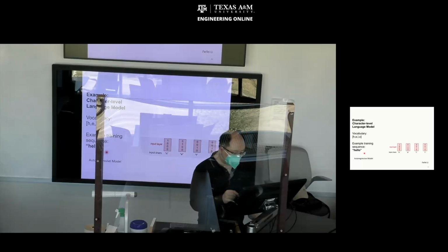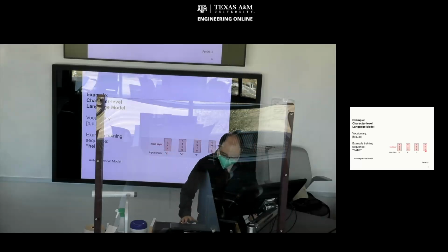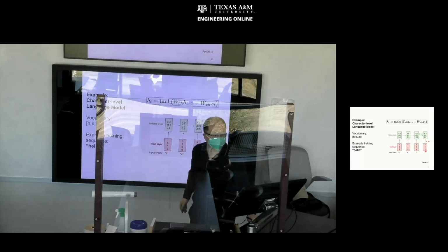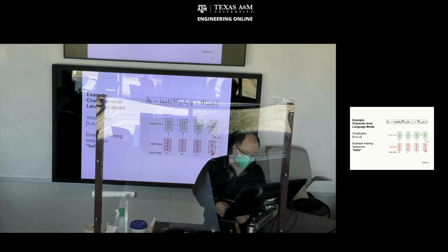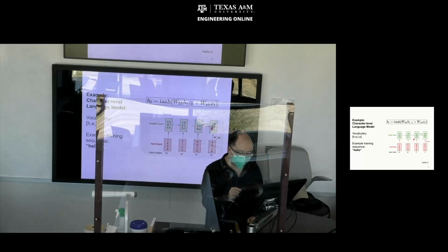So the input is HELL, and the letters are one-hot encoded here. The vocabulary is only four letters, so it's one-hot encoded in this way. Based on the vanilla RNN, we can calculate the hidden state for every time t, and we get some numbers here, given your W, which is to be learned.